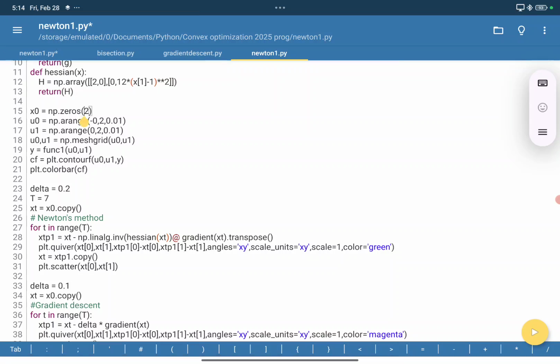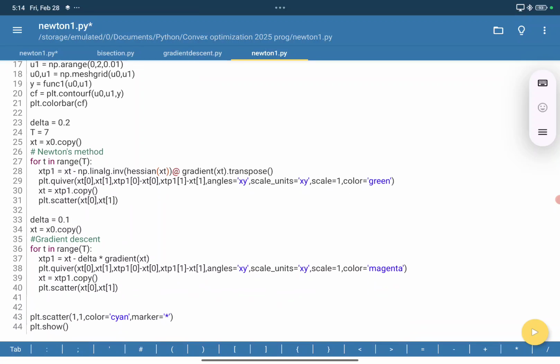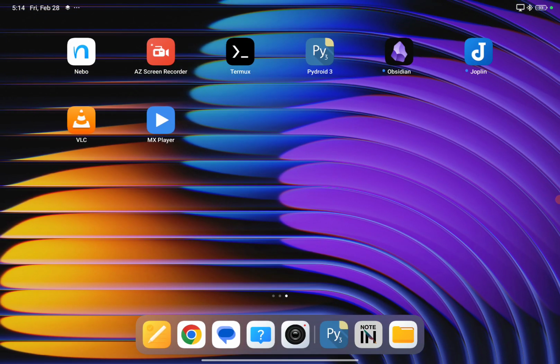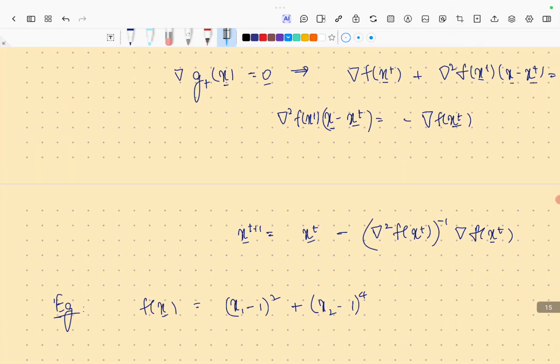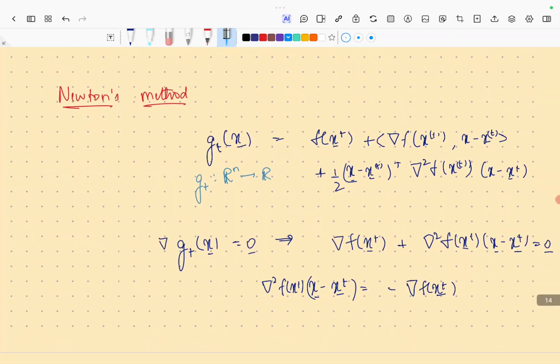One question: why would the initial directions be different? The initial directions are different because, let me go back to this here.